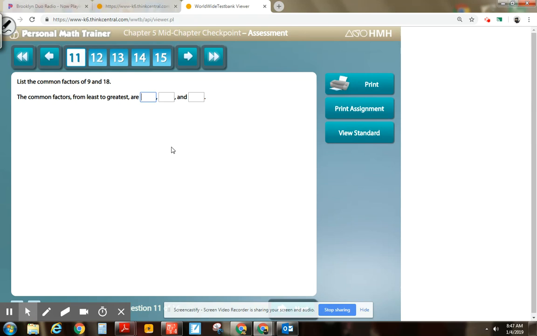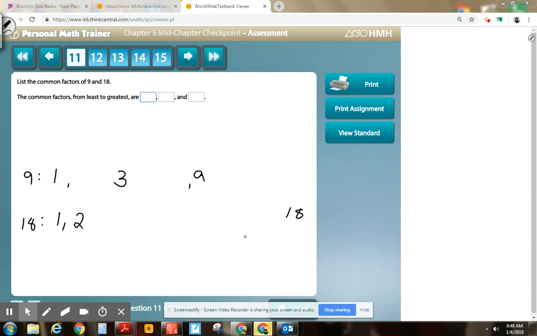Number 11 says common factors for 9 and 18. So I need to find my factors, the numbers that when I multiply them will make 9, and the numbers that when I multiply them will equal 18. So of course we got 1 and 9. 2, 4, 6, 8, 10. No, how about 3? Well, 3 times 3 is 9. So those are my factors of 9. The factors of 18. 1 and 18, of course, right? 2, 4, 6, 8, 10, 12, 14, 16, 18.